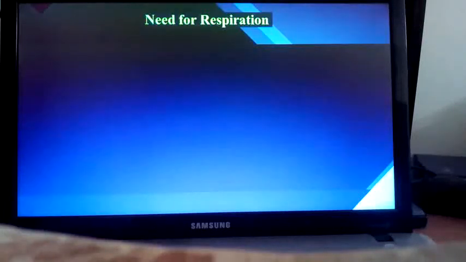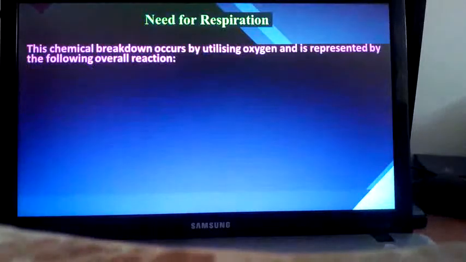Now, the need for respiration. We need respiration for various things. Got it? For yielding energy, for work to be done, to break down the glucose molecule. The production of energy is the need for respiration. And what happens in respiration?